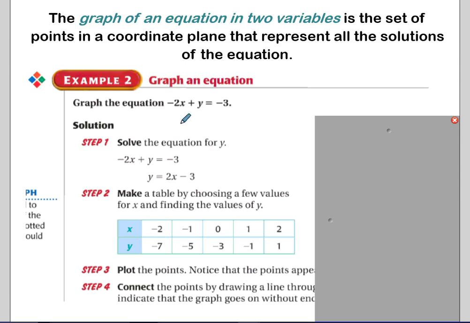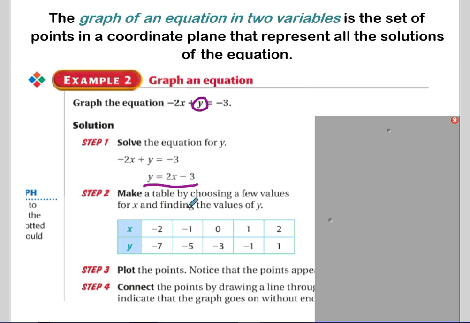This is why in chapter 2 they had you solve for y. So we're going to add 2x to both sides, so then I'm going to get the equation y equals 2x minus 3. Then I'm going to make an xy table, which is what they're showing down here.